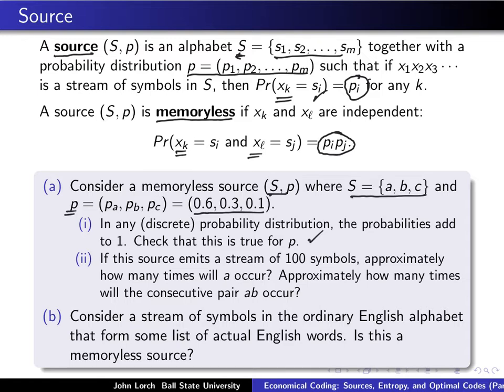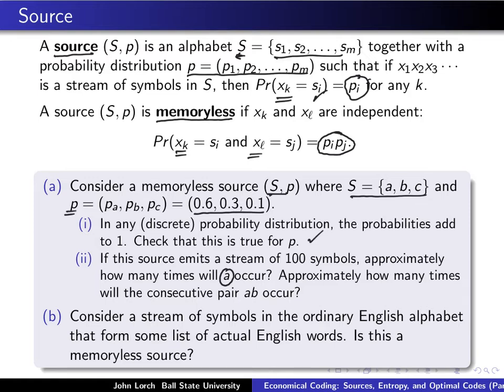Now, in item 2 of part A, let's suppose this source emits a stream of 100 symbols. The first question is, approximately how many times will the letter A occur? Well, A occurs with probability 0.6 in any given location.